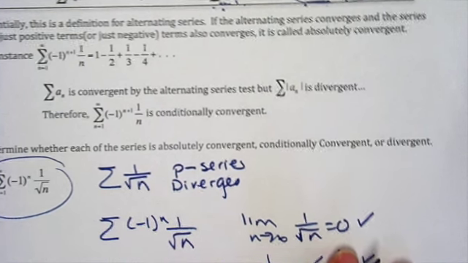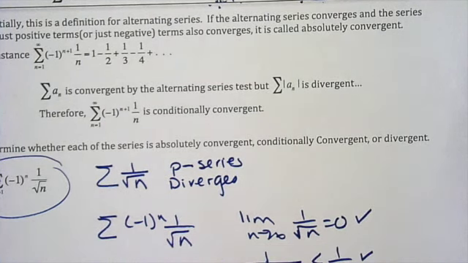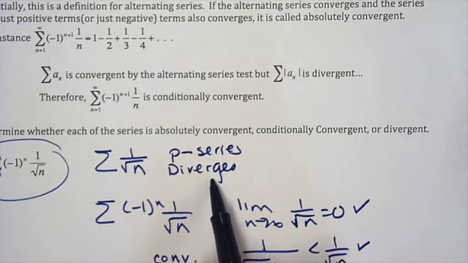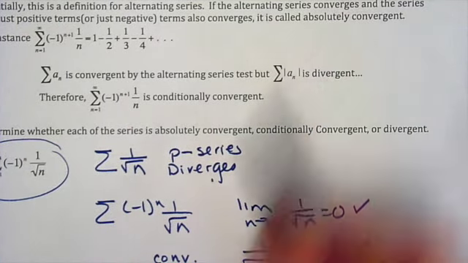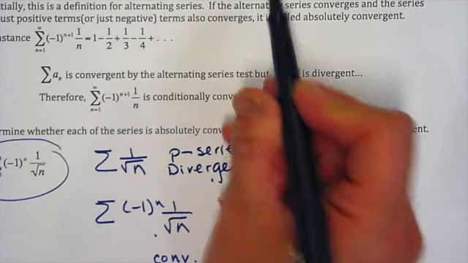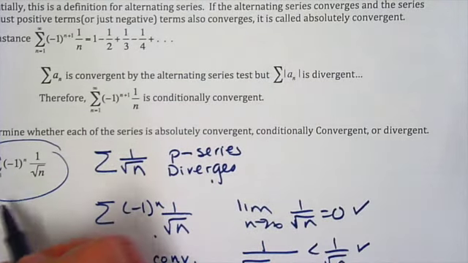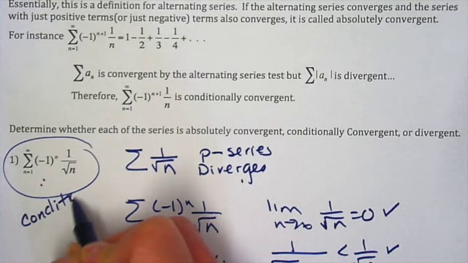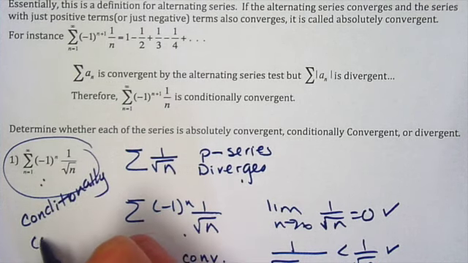Or again, instead of writing the two conditions, if you can tell by looking at it that the terms get smaller to 0, you can say the absolute value of the terms decreases to 0. But because the absolute value of the series diverged, while the series itself converged, this original series is called a conditionally convergent series.